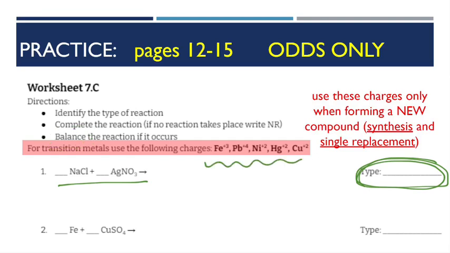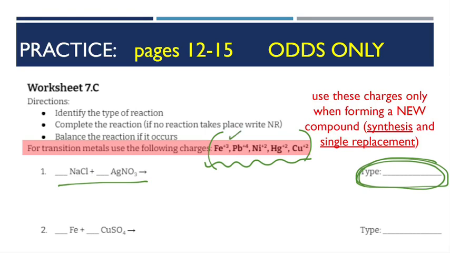Now, just like before in our synthesis reaction, as well as in single replacement, when we're making new compounds from elements, then we might need to know the charges of some transition metals. So these don't count for double replacement reactions because in double replacement reactions, the charges are the same.